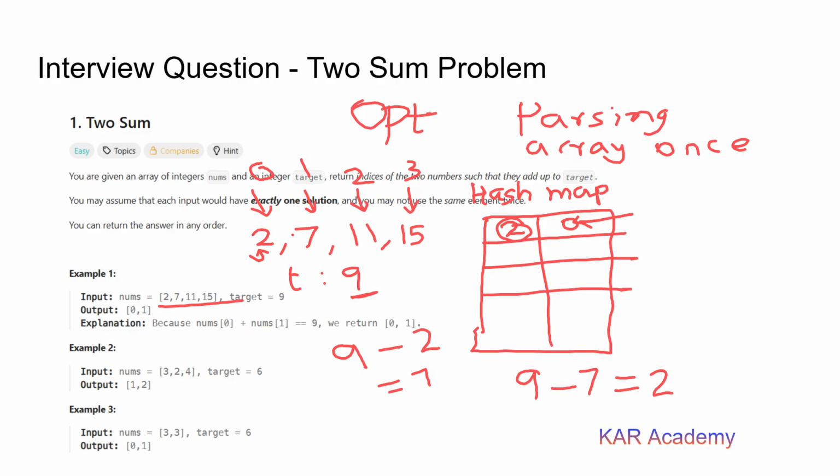So now we know 7 is at location 1, and the hash map contains the location of number 2, which is 0. So we can return this in any order as per the problem description. You can return this as 1, 0 or 0, 1. Either one is accepted.